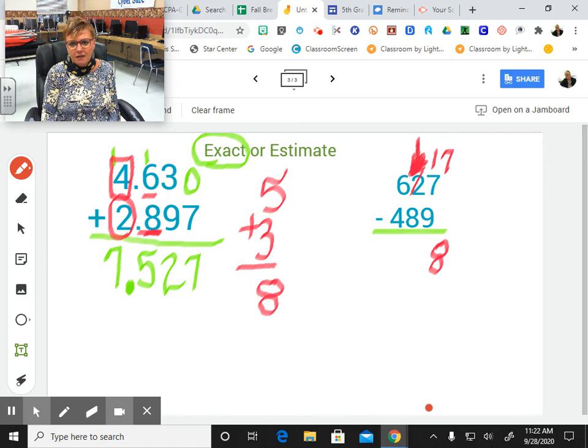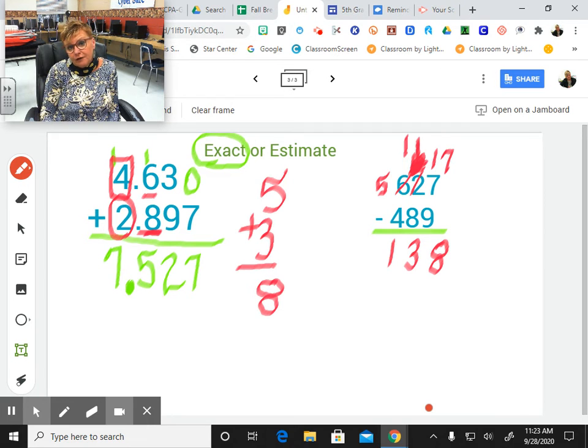Oops. Can't do that. Going to have to regroup. So take one of those hundreds. Have 5 left. Unbundle it. Turns into 10 tens. So 11 minus 8 would be 3. 5 minus 4 would be 1. So 138.